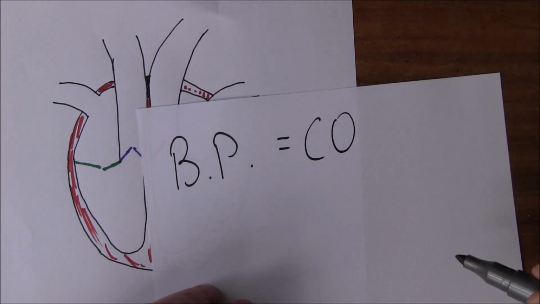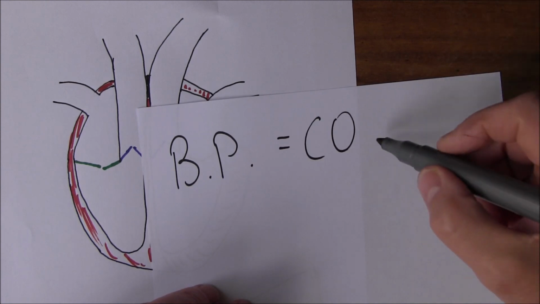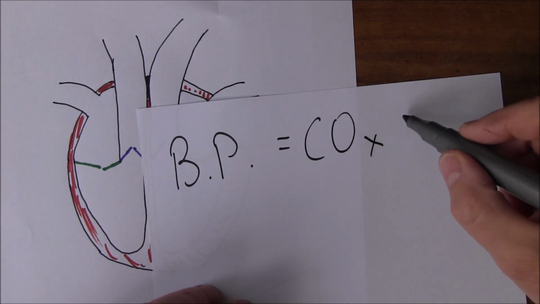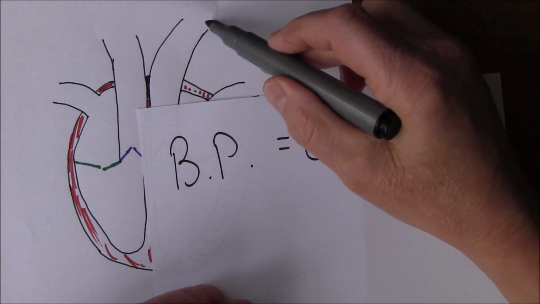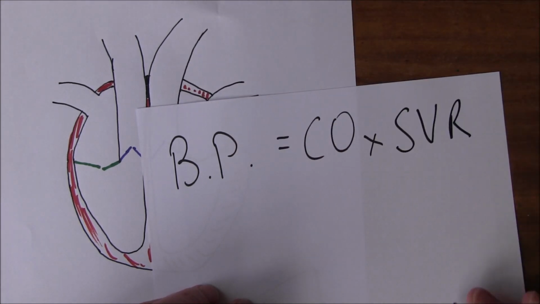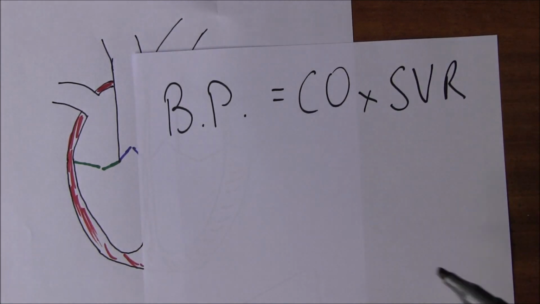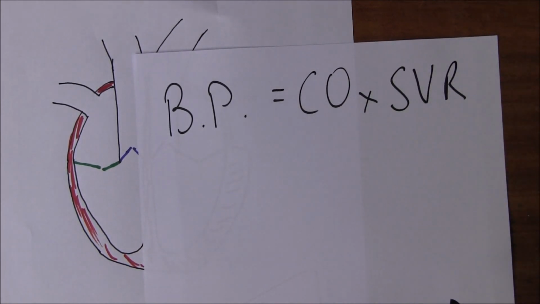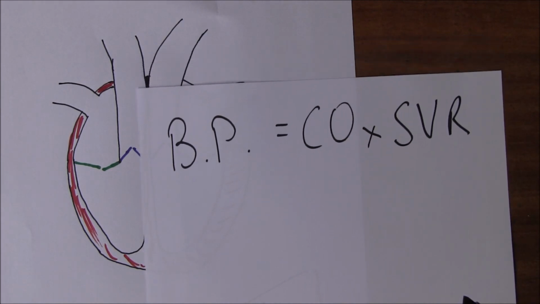Actually, this will be true in the pulmonary circulation as well. It's the cardiac output multiplied by the vascular resistance. And if we're thinking about the systemic circulation, it's the SVR, systemic vascular resistance. So blood pressure is defined by cardiac output multiplied by systemic vascular resistance.